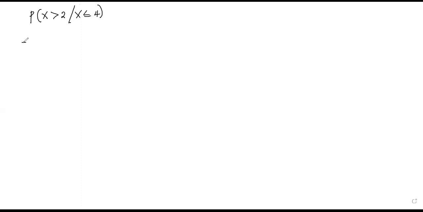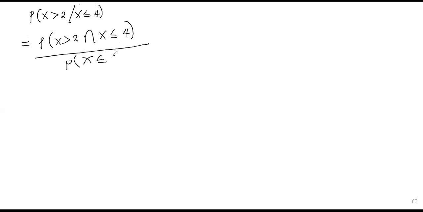This is the same as probability of x greater than 2 intersection x less or equal to 4 over probability of x less or equal to 4. Okay, so probability of x greater than 2 intersection x less or equal to 4 shall take on this interval of 2 to 4.